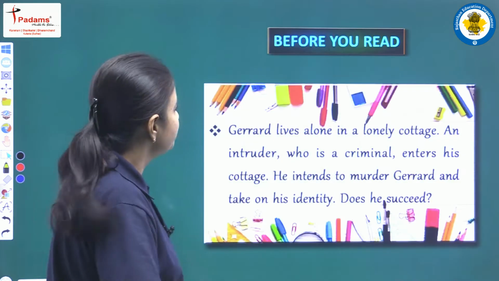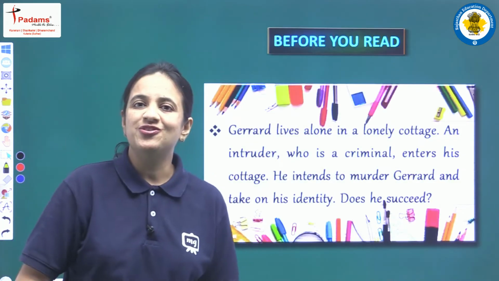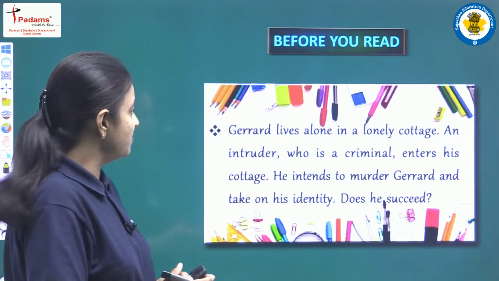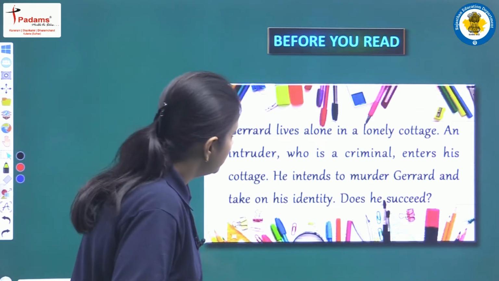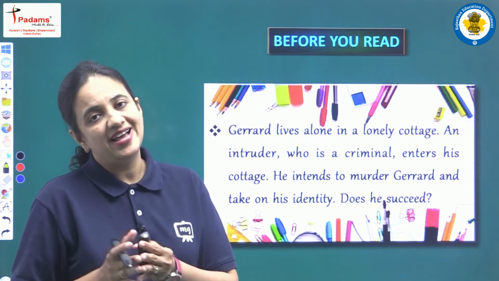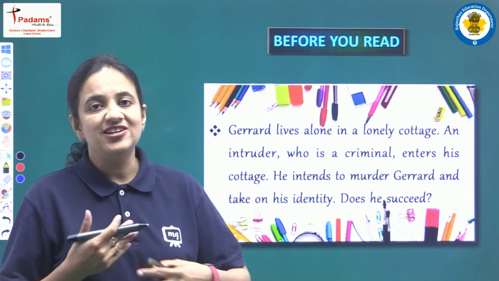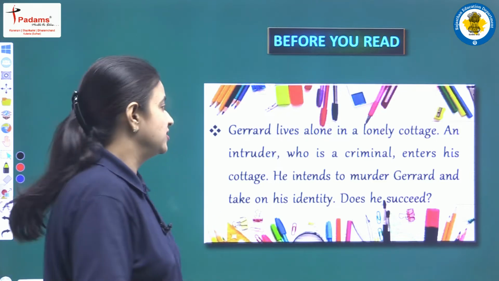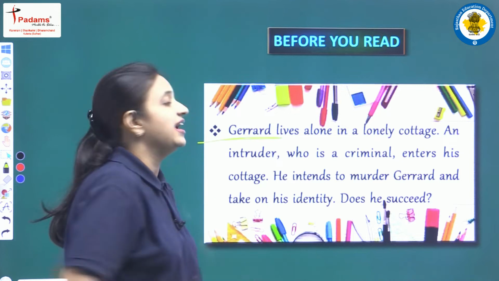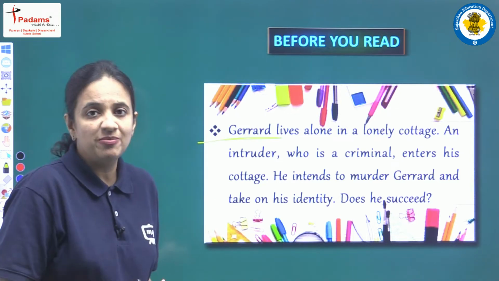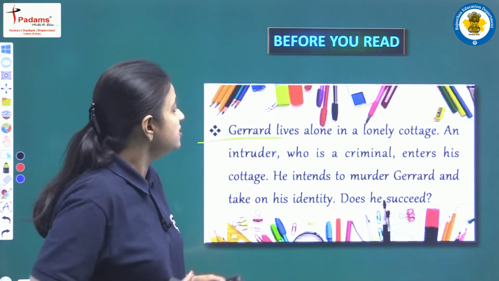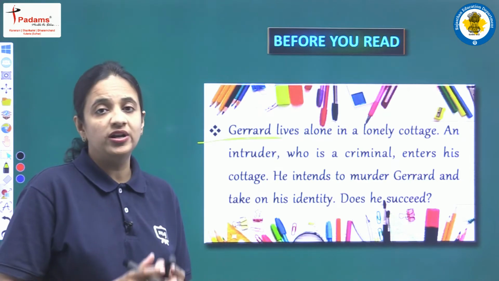So let's begin. First of all, before you read, before starting reading the play, let's get some idea. Gerald lives alone in a lonely cottage. As I have told you, in each and every play there are some characters. So this is our first character of the play, Gerald. Let's know more about this character. He is a person who lives all alone in a lonely cottage.